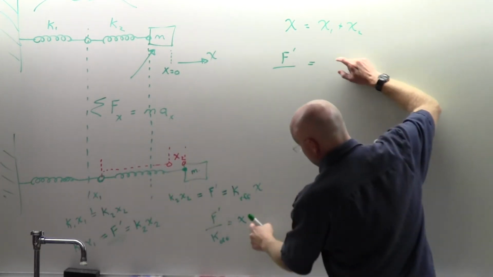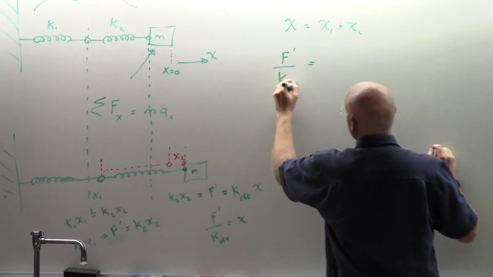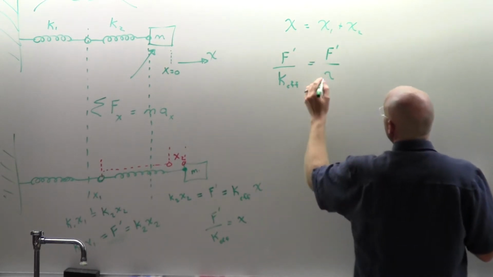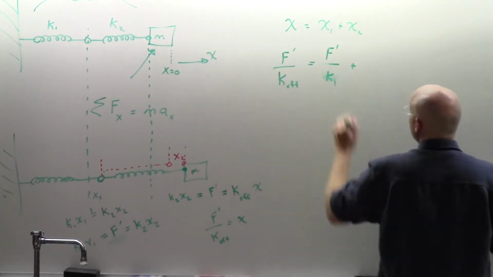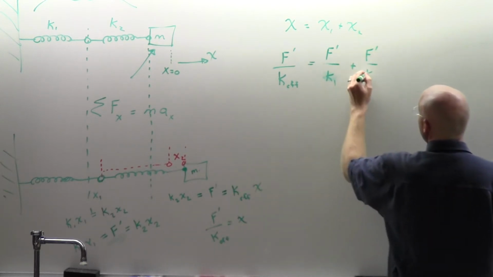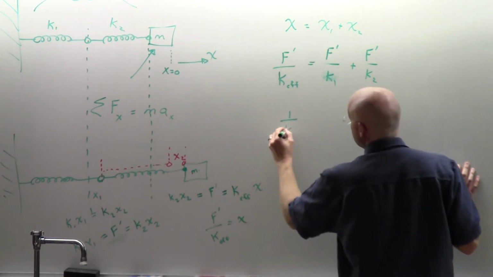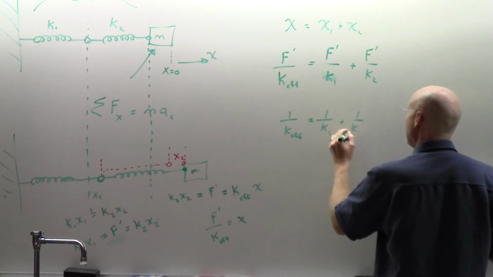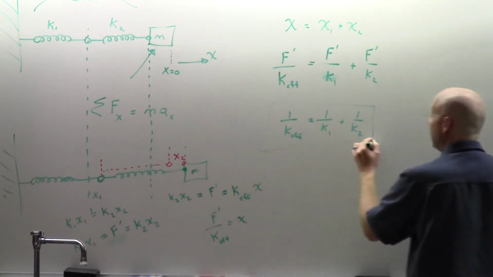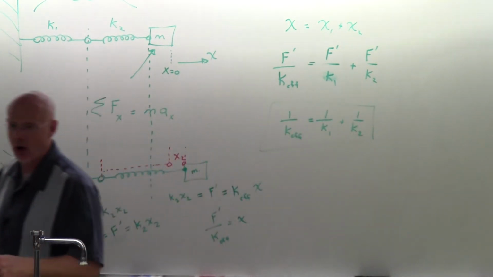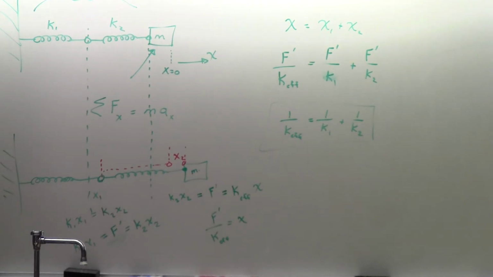But if I take this X and divide it by the effective spring constant, and X1 is that force divided by K1, and X2 is that force divided by K2, what I get is something mathematically different than when I had them hooked up before. Before I just added them together. Now I add up their reciprocals. It's what we would call a harmonic sum instead of a linear sum. But it certainly is that effective one.